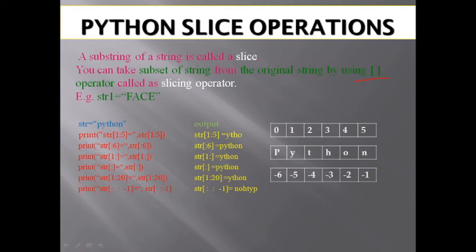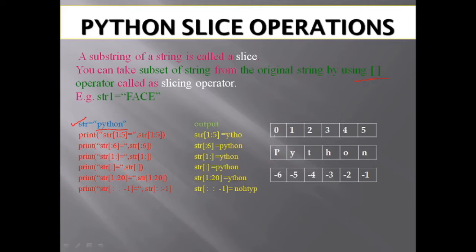Now see here one example is given for your understanding. str is a string, and in that string we have stored these 6 characters, Python. First of all, we will understand how these 6 characters are stored in Python programming.